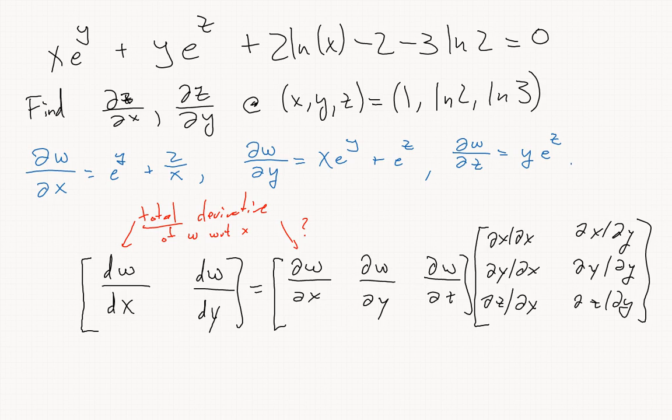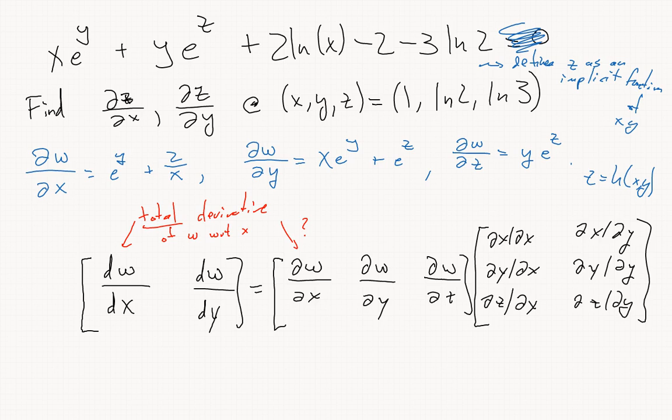So that was for the variable w before we imposed this equal to 0. Now, if we impose this equal to 0, then that implicitly will define z as an implicit function of x, y. So z equals h of x, y.